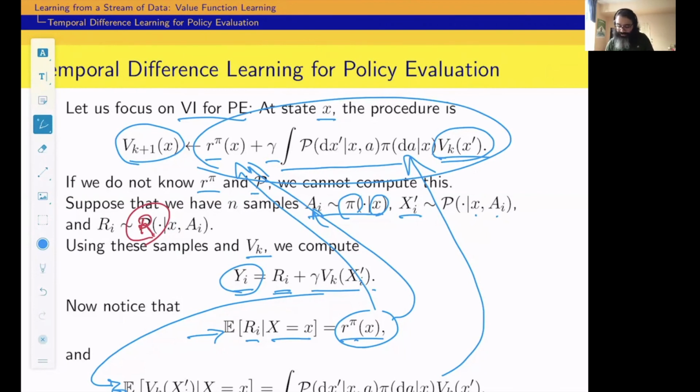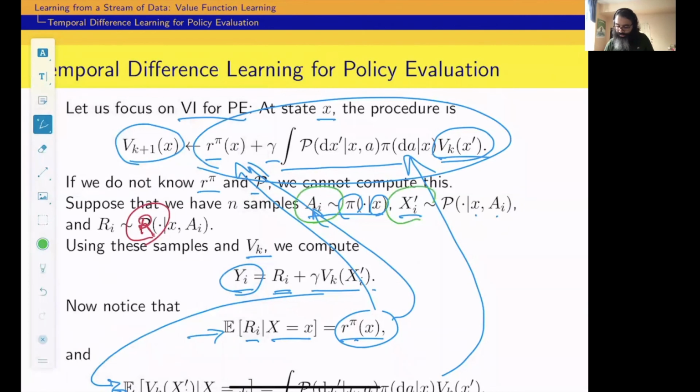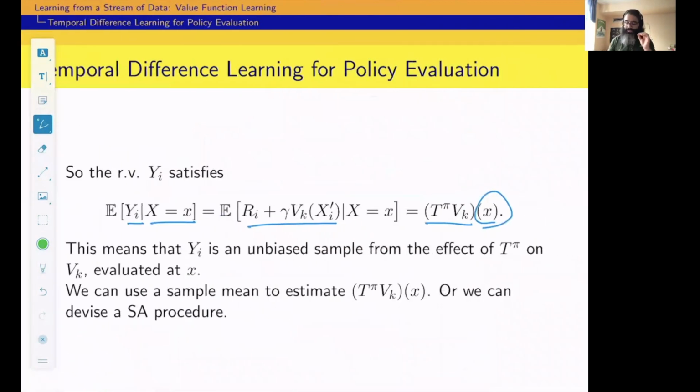But if I only have samples from that model, without knowing P and R, just random variable samples, the conditional expectation of those random variables combined in this way would be the same as what I wanted, without actually knowing the Bellman operator and the model.